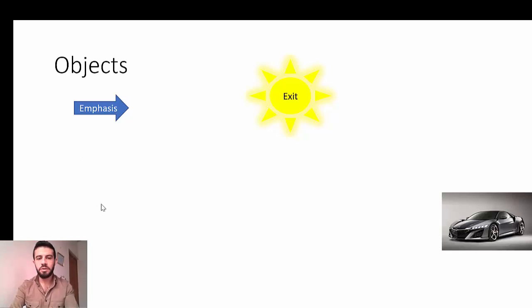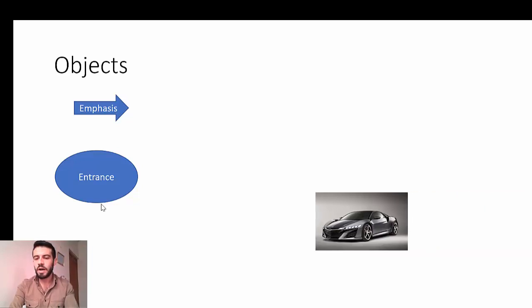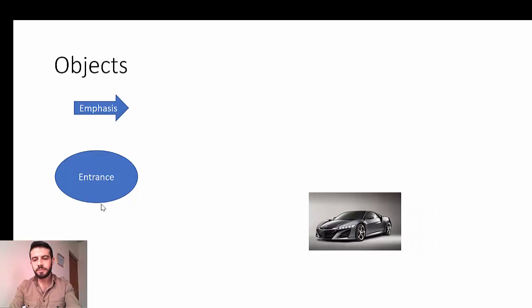Because for entrance, I need to click to start the animation, but emphasis, just click here and it will apply the effect, and exit will make the sun go out and disappear, and here it just moves the car from point to point.